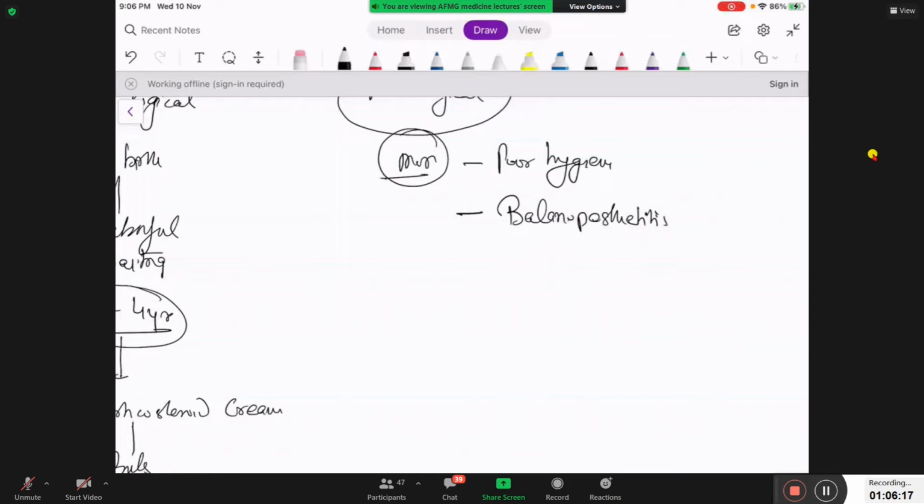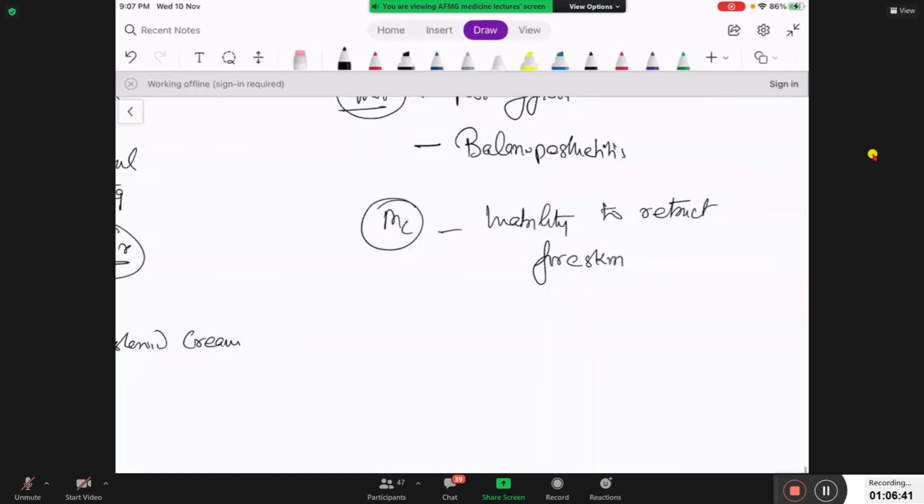Now, in pathological phimosis, how will these patients present to us? The most common presentation will be inability to retract the foreskin, which was getting retracted earlier, no more getting retracted now.